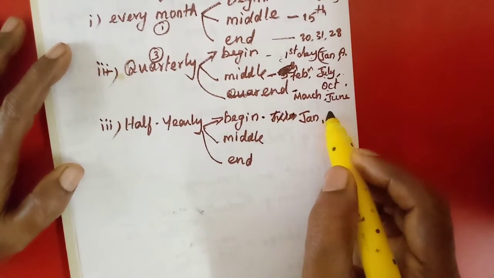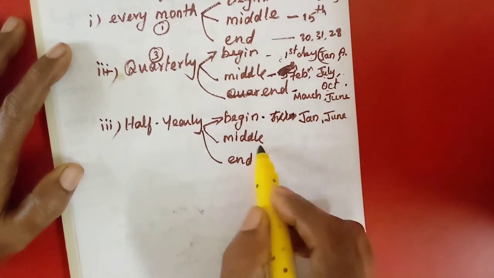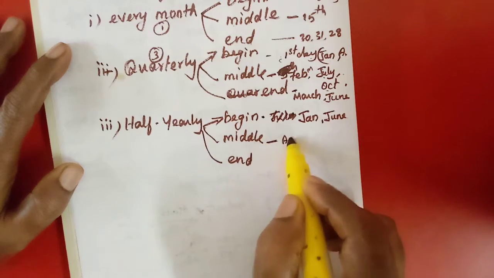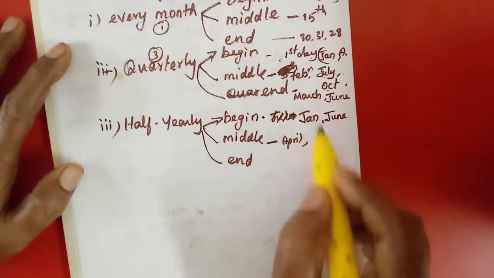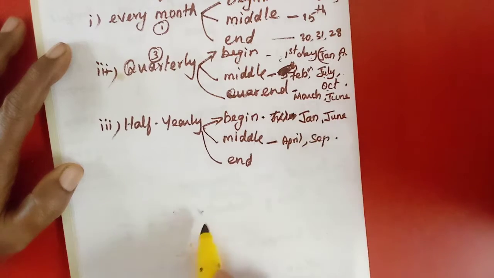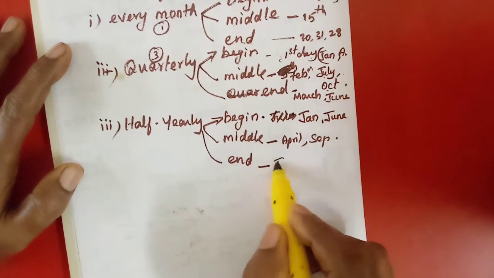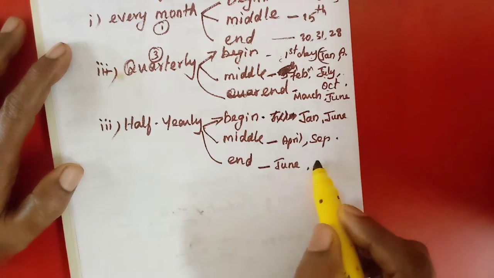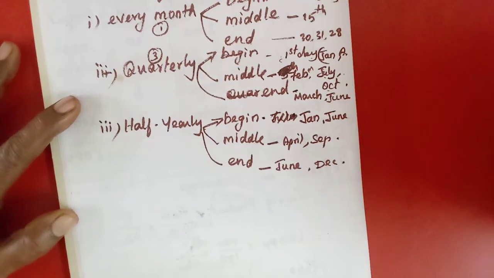Then second half when it is starting, July. These 2 months he will withdraw. Then middle, first half, April. Second one, June, July, August, so September. Okay, end, he will withdraw first at the end of June. It will end, isn't it? Then December. Second half yearly ends in December.